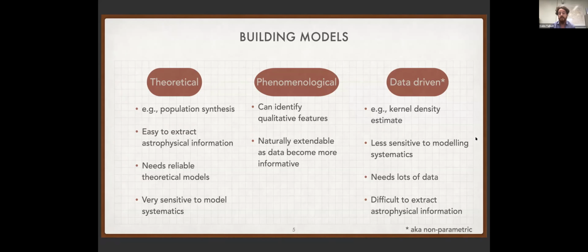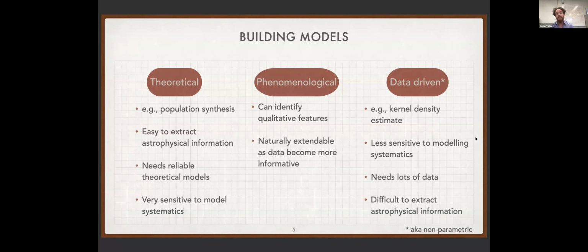That's the simplest data-driven analysis you can do, and you're less sensitive to modeling systematics. But the disadvantages are you need lots and lots of data to make any kind of statements, and once you can make observational statements, it's hard to tie those back into the theory side if you don't also have the theoretical predictions to compare them to.